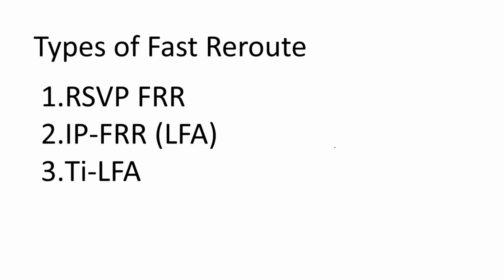There I talked about the basic IP-FRR, then Remote-LFA, how exactly it works, how it calculates the P and Q routers, and then discussed the configuration part and pros and cons. So today let's deep dive into the topology independent loop-free alternate.